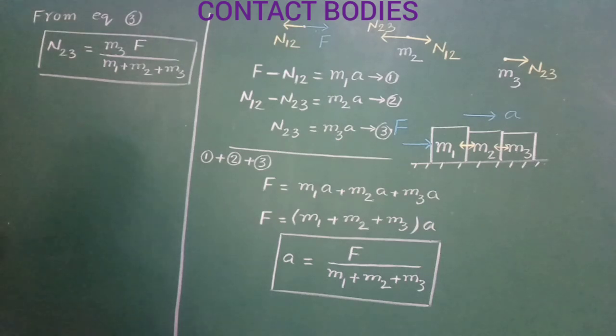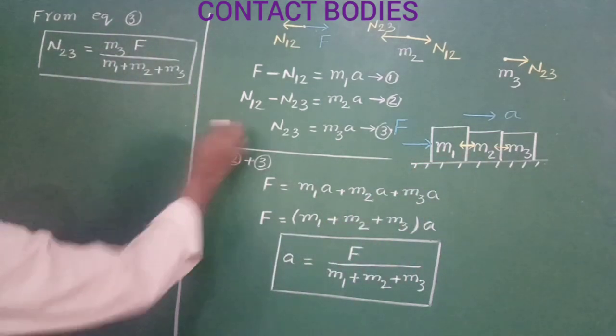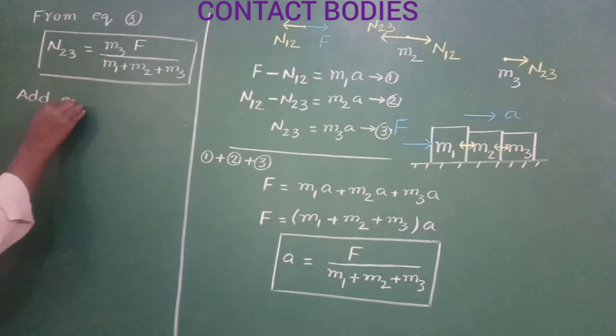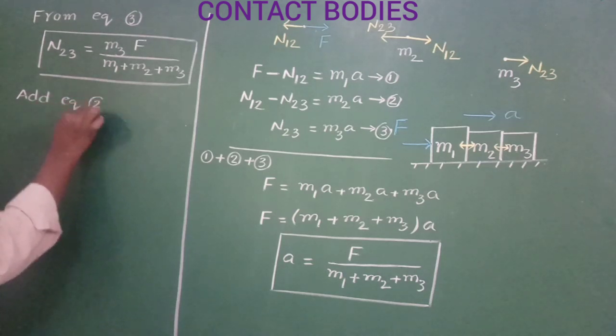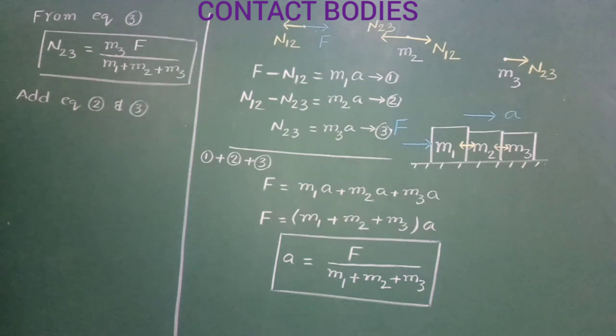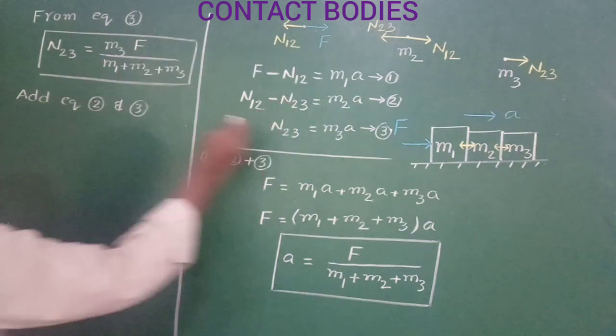To calculate normal reaction between block 1 and 2, we should add equation 2 and equation 3. See here, minus N23 plus N23 get cancelled.